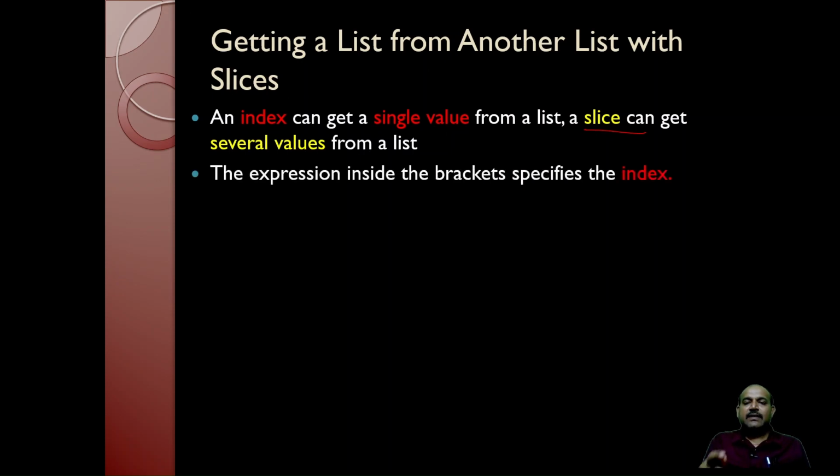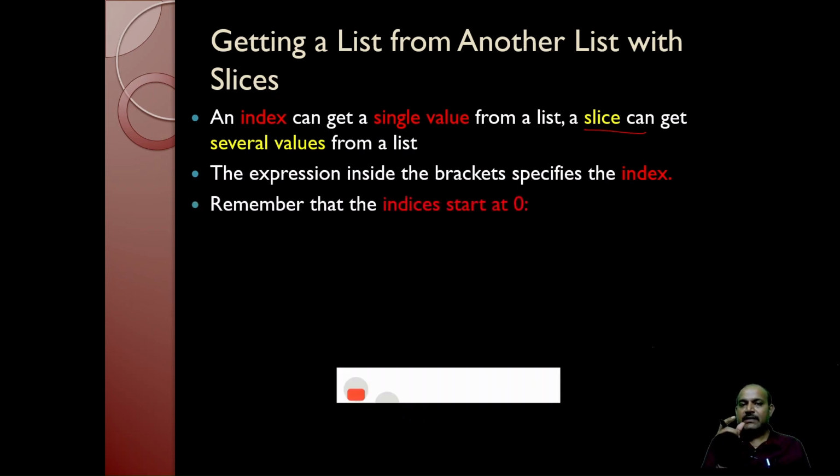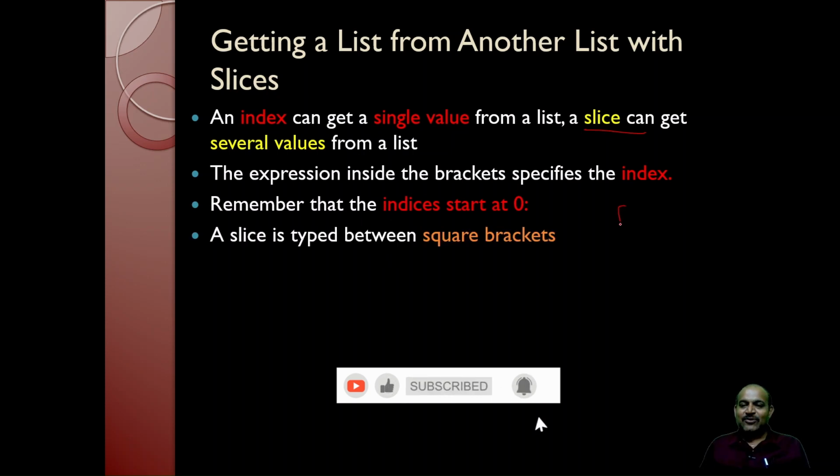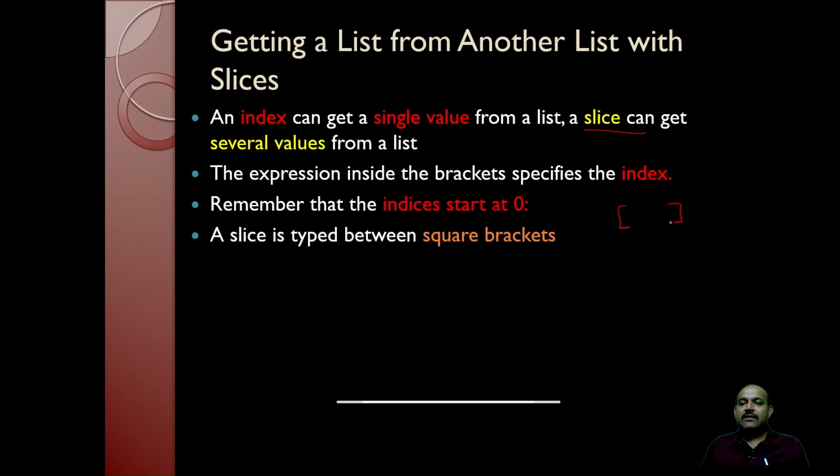First, in the square brackets, you specify the index value. By default the indices start at 0. Whatever you specify is the starting position, so it may be 0 or 1, from where you need to pick a slice, followed by the ending index value.